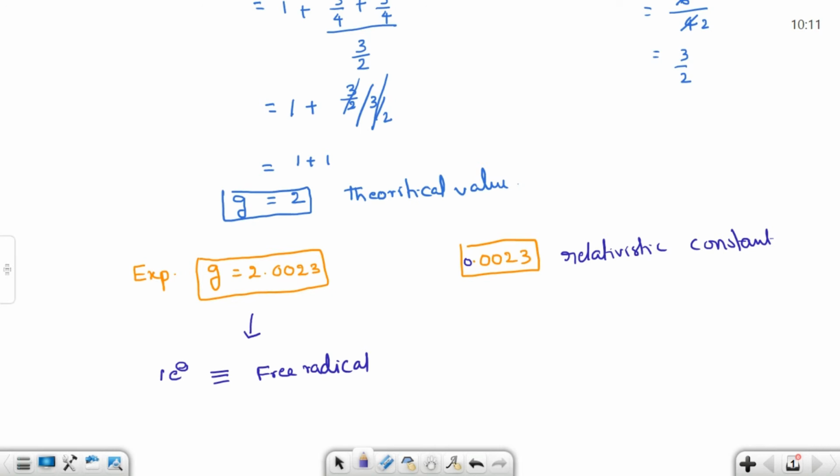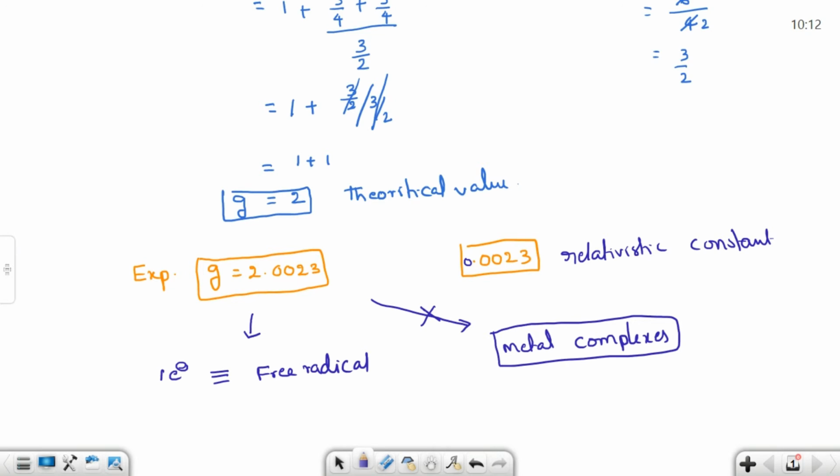But when you come to metal complexes, there is a deviation in the G value. The single electron G value exactly matches the G value of free radicals, but for metal complexes, the above mentioned G value does not match.